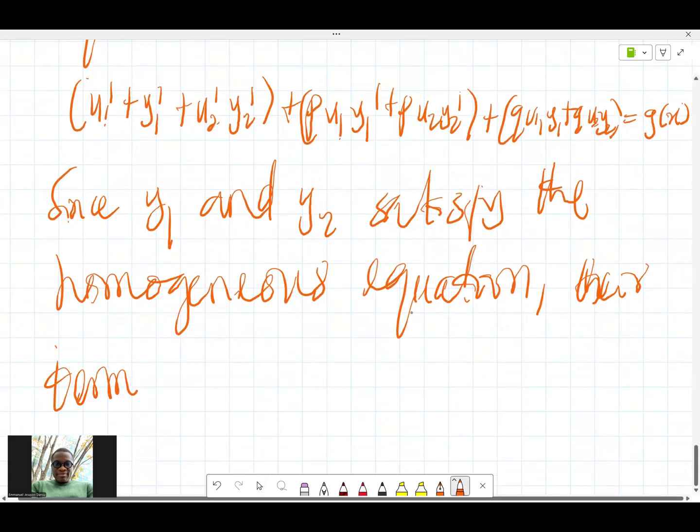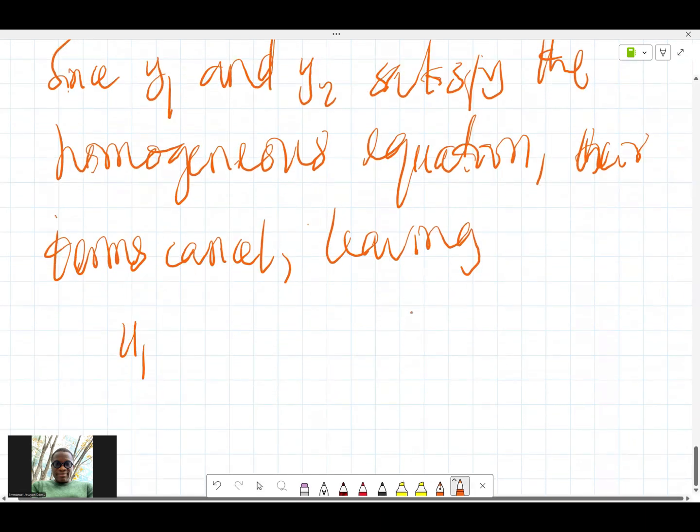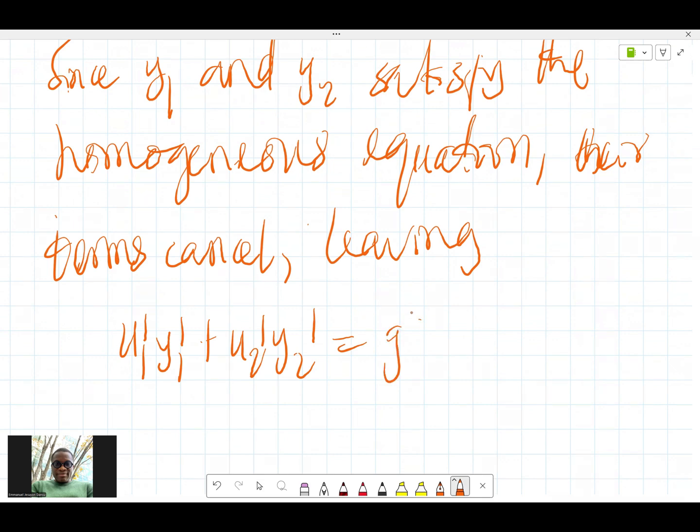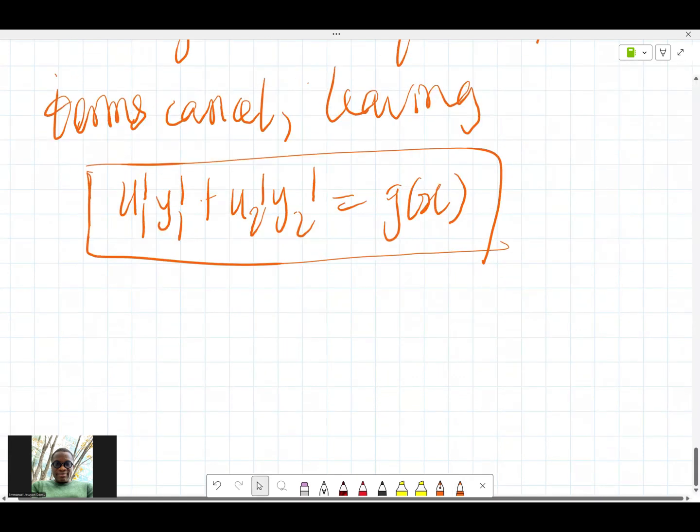Their terms cancel, leaving u1 prime y1 prime plus u2 prime y2 prime equals g of x. That's all we are left with because of the homogeneous equation being satisfied.